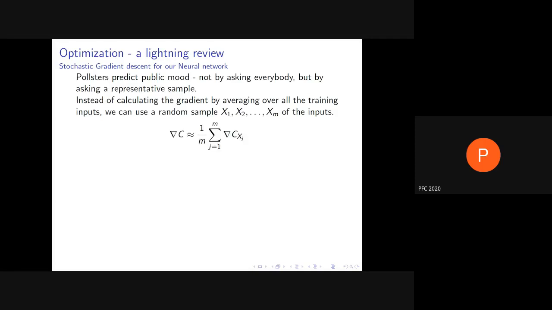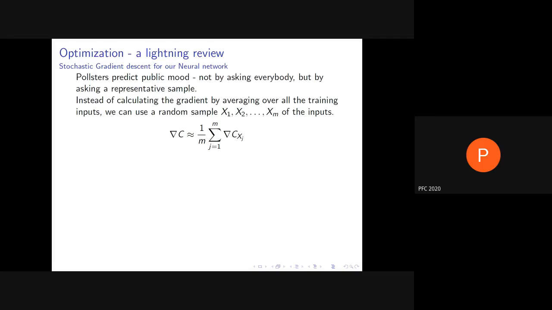The gradient of C is not calculated now because you can't calculate it unless you average over all the inputs. But what you do is take a random number of them, average over those random numbers, so calculate the gradient for those random number of inputs.